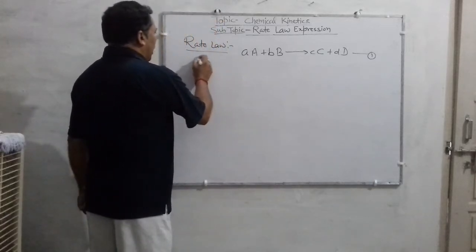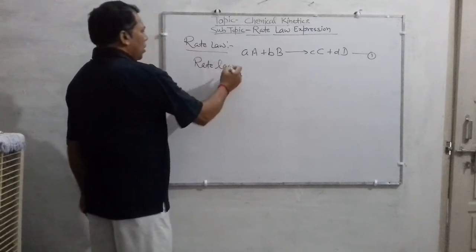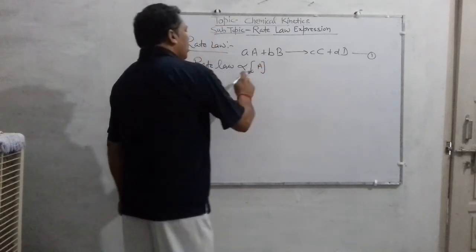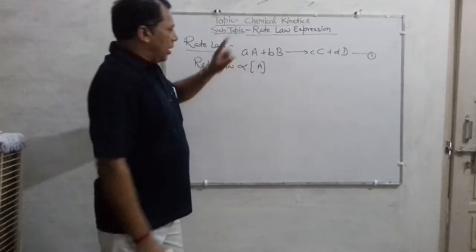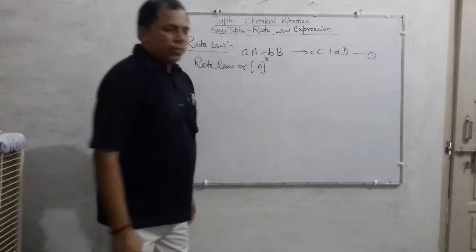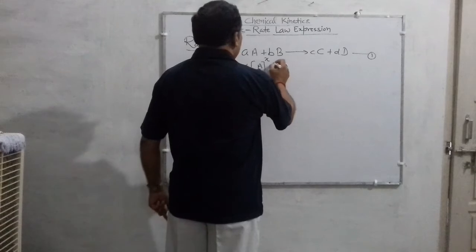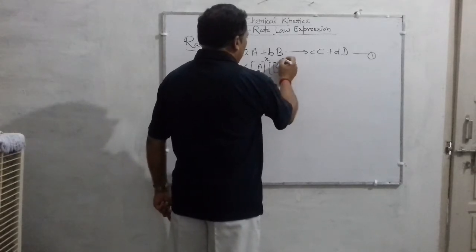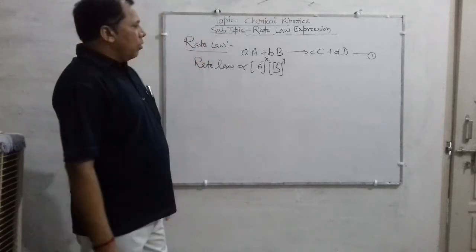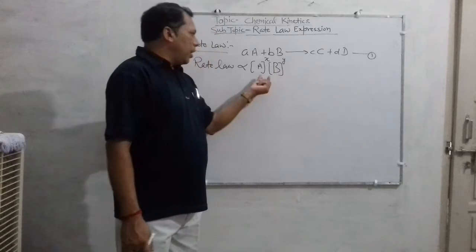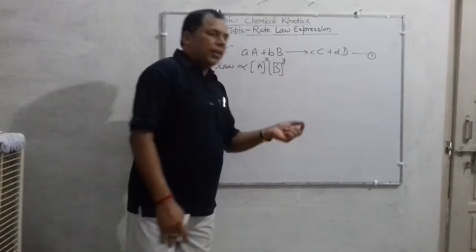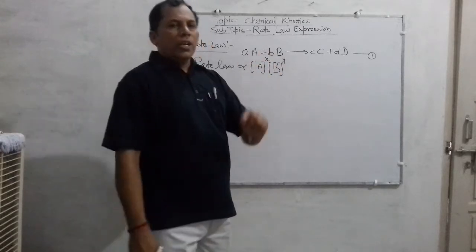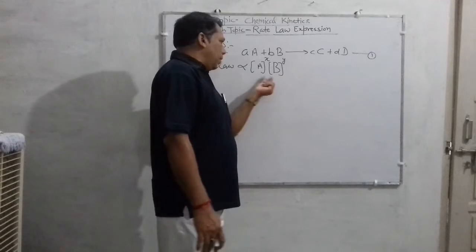So rate law of this reaction can be given as, rate law is just proportional to the molar concentration of reactant A, and suppose its exponent is represented by x, and similarly the molar concentration of reactant B having exponent y, where x and y represent the exponents of reactants A and B respectively.